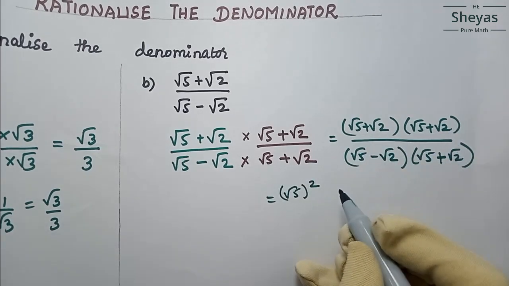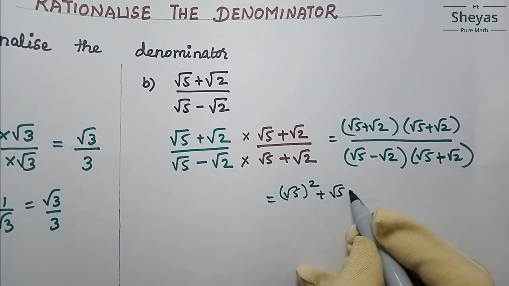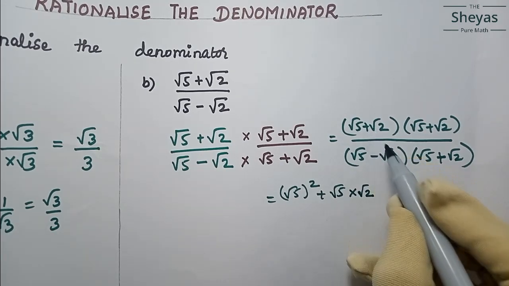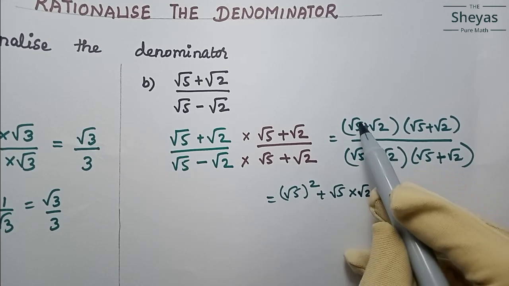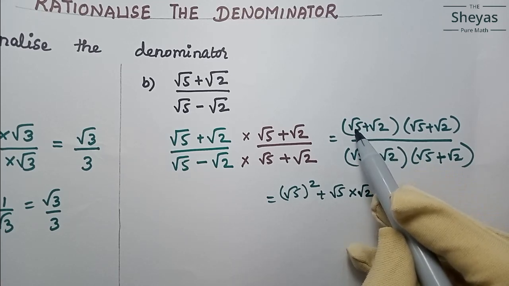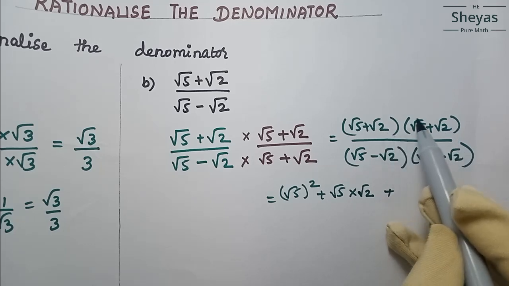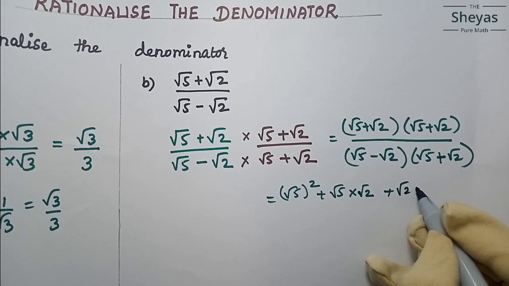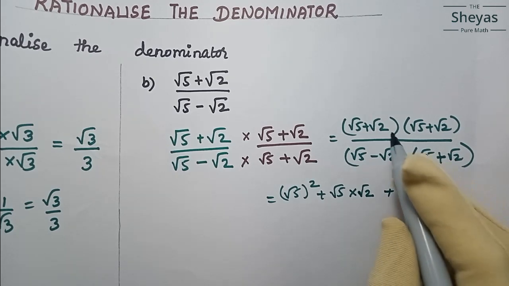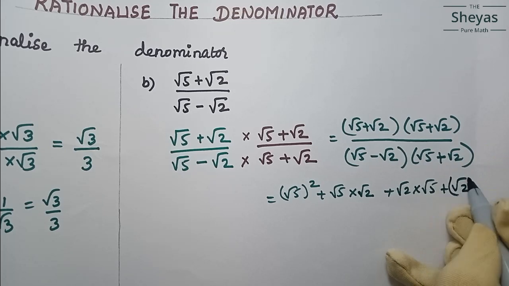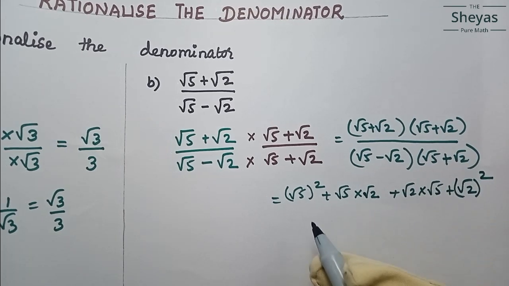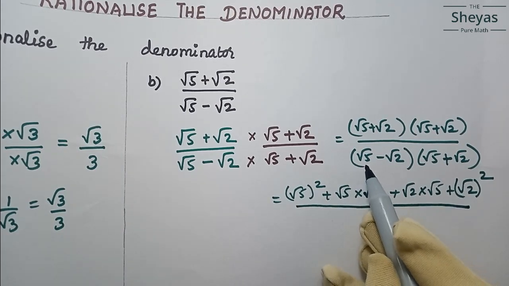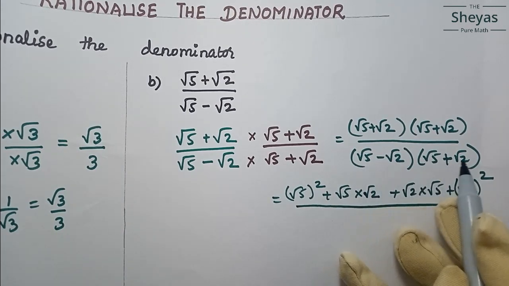Then root 5 into root 2 plus root 5 into root 2. That completes multiplying the root 5 term. Now root 2 with root 5 and root 2: root 2 into root 5 plus root 2 into root 2, that is root 2 square, by root 5 minus root 2 into root 5 plus root 2.